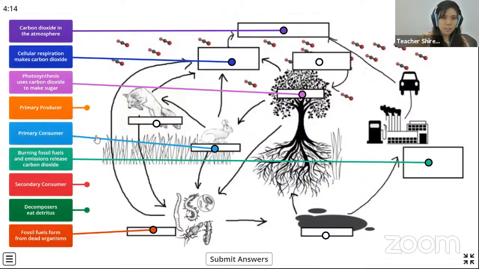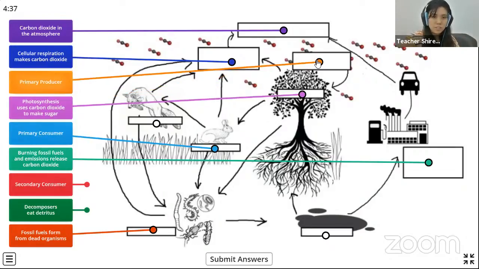Primary producer is the plants that produce the food. Secondary consumer is the animal that consumes the first animal, which is the fox that eats the rabbit.